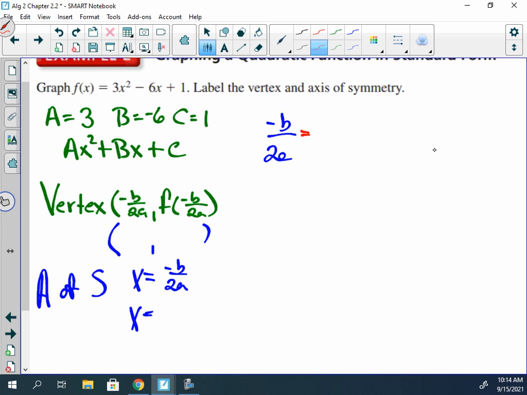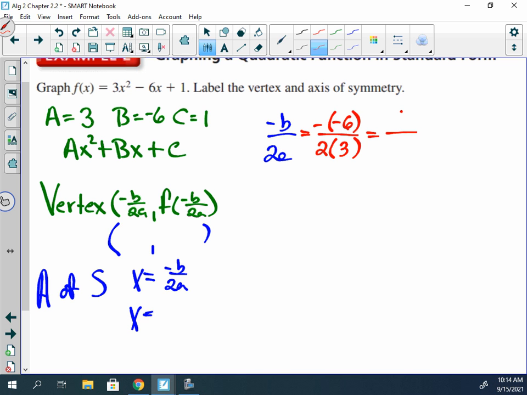Now, the first part of the vertex is negative b over 2a. What is the value of b? So I can plug it in. 2. What's the value of a? Simplify. Well, we could plug this into a calculator and it would tell me exactly what it is.